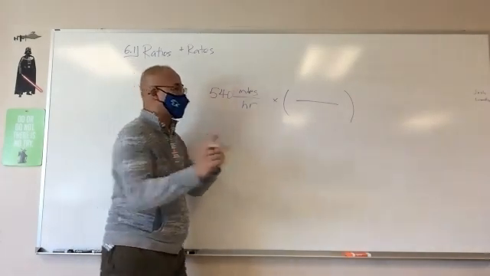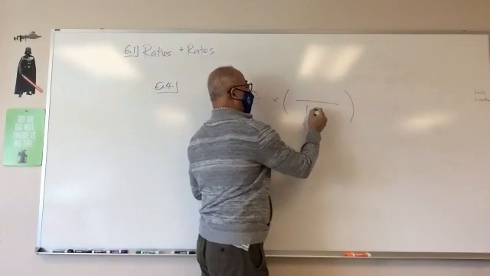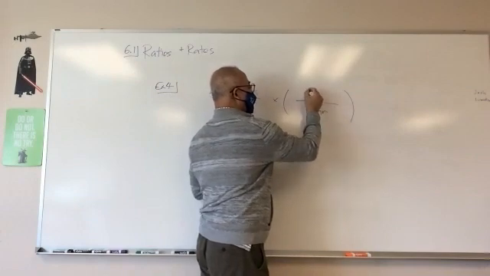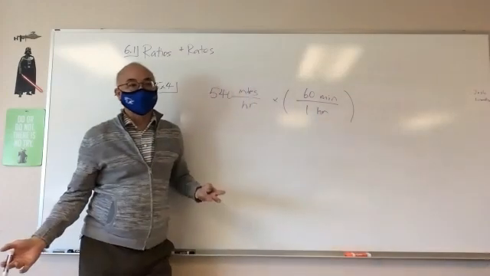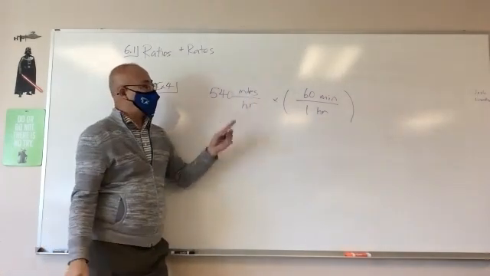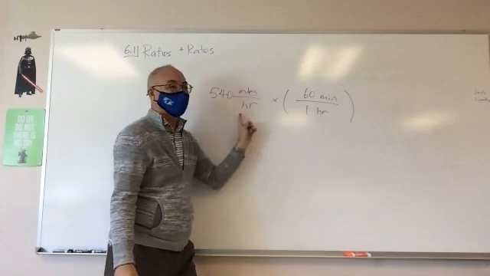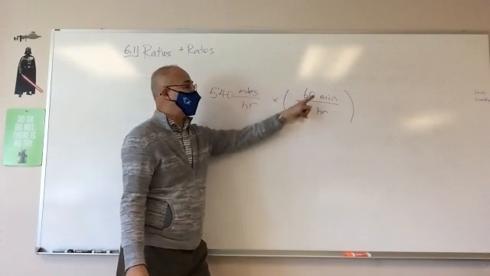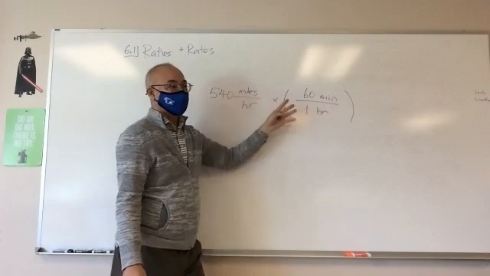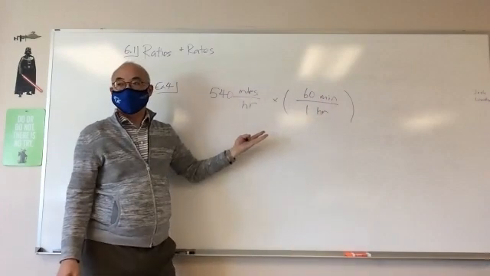So here we go. I have a choice. I can either go 1 hour is 60 minutes, or I can go the other way around. What happens here? They don't cancel out, because I have hour in the bottom, 2 hours in the bottom, and 1 minute on the top. So obviously this is not the correct way.